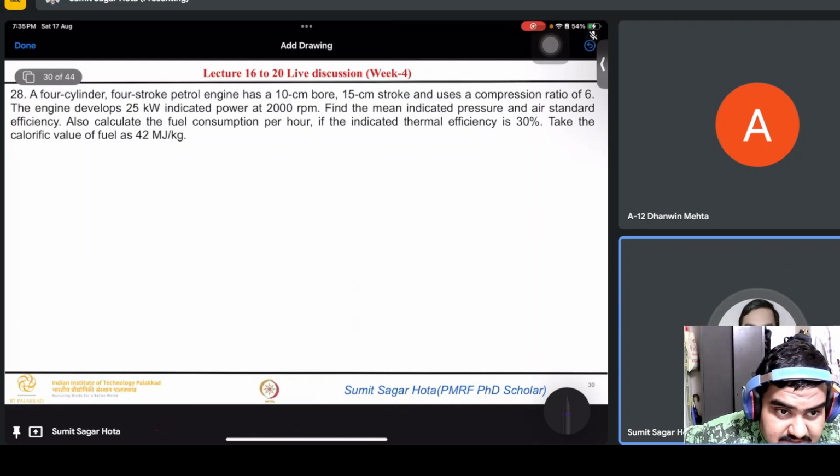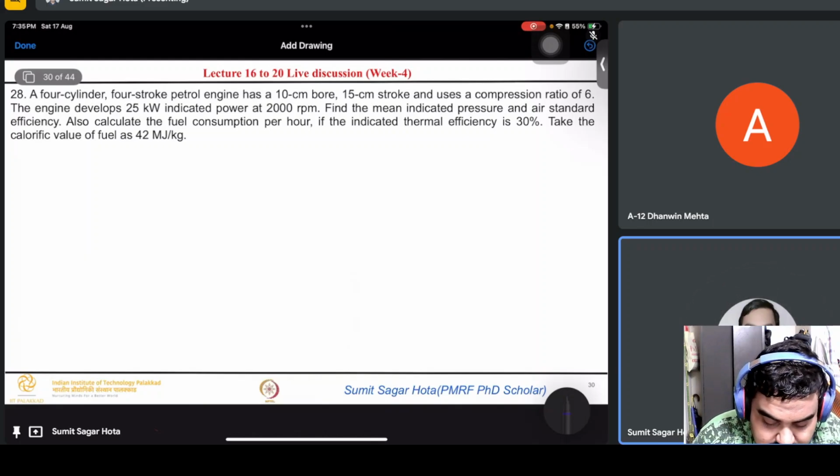The engine develops 25 kilowatts of indicated power at 2000 rpm. Find the indicated mean pressure and the air standard efficiency. Also calculate the fuel consumption per hour, if the indicated thermal efficiency is 30% and the calorific value is 42 megajoule per kg.